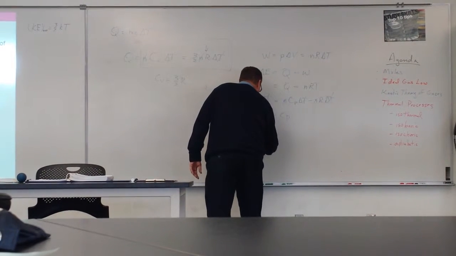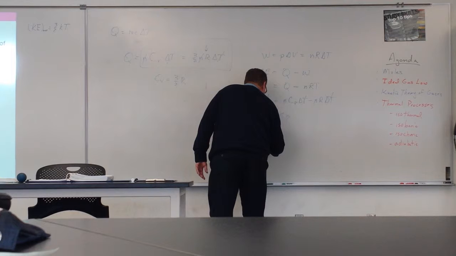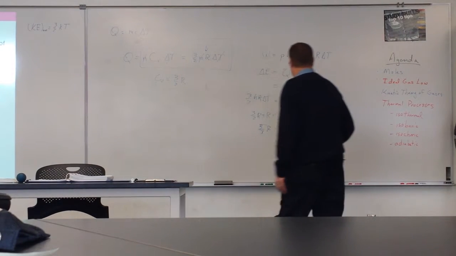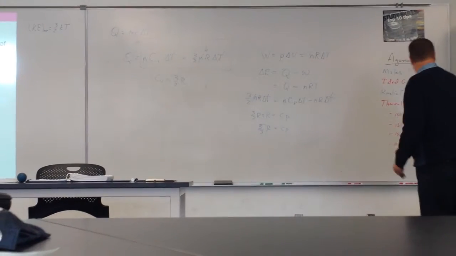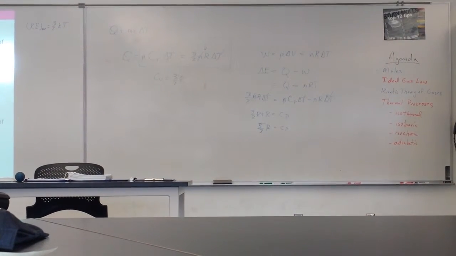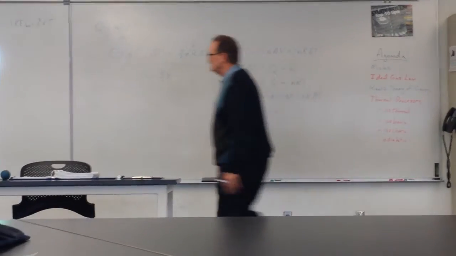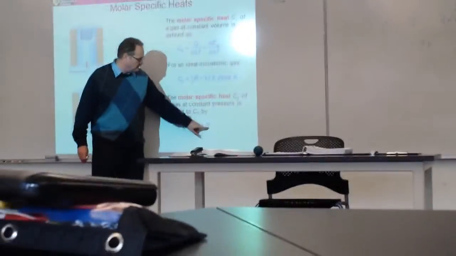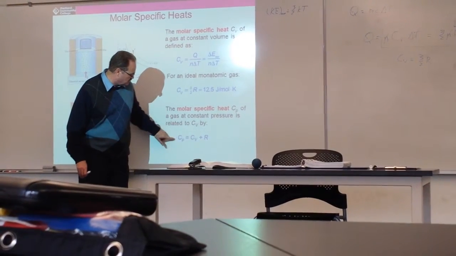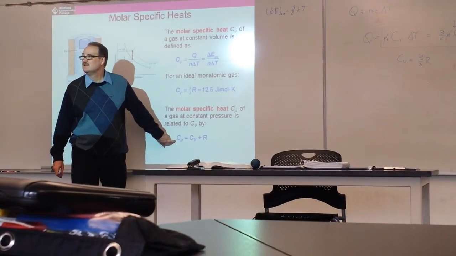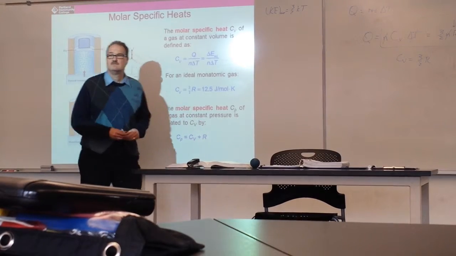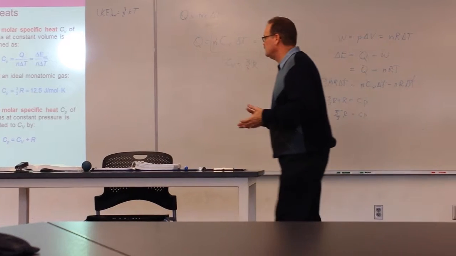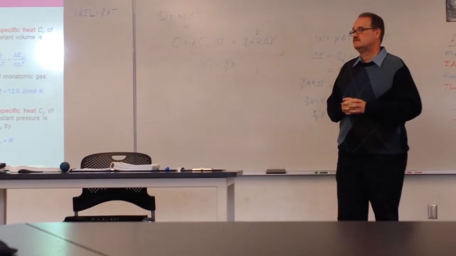So in this case, Cp is equal to 5/2 R. Or another way to write that is that the molar heat at constant pressure is equal to the molar heat at constant volume plus R. This is 3/2 R plus R gives you 5/2 R. So this is a general relationship: the molar heat at constant pressure is equal to the molar heat at constant volume plus R.